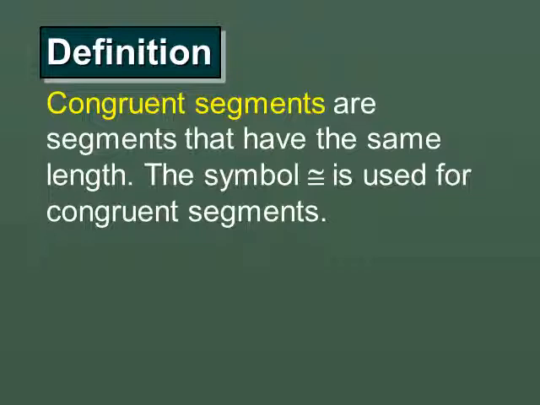Congruent segments have the same size or length, and equal segments share the same set of points. So AB is equal to CD if the endpoints of each segment are the same point.